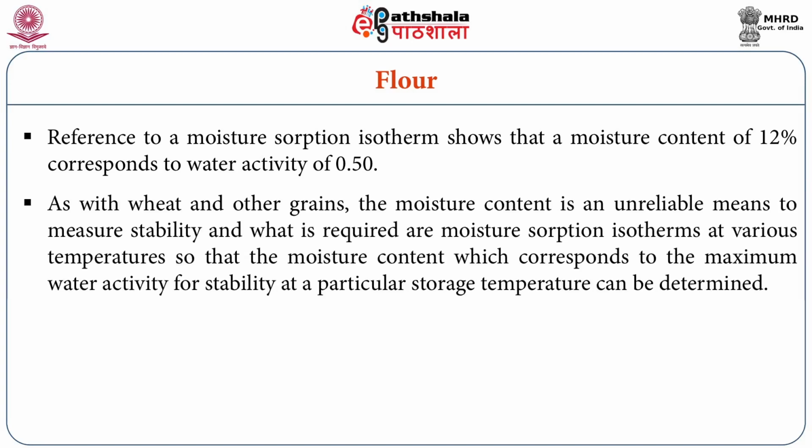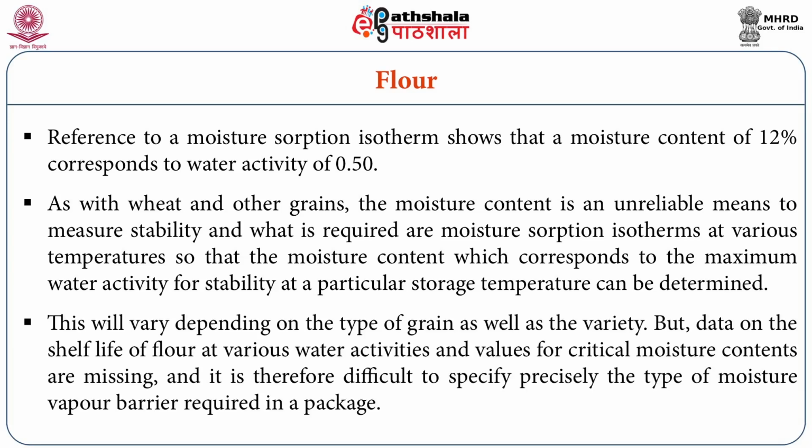As with wheat and other grains, the moisture content is an unreliable means to measure stability, and what is required are moisture sorption isotherms at various temperatures, so that the moisture content which corresponds to maximum water activity for stability at a particular storage temperature can be determined.